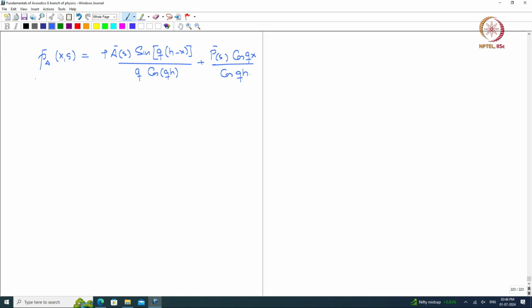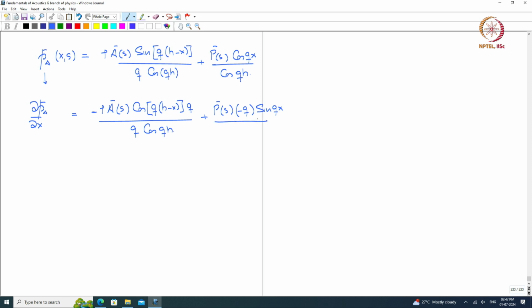Okay, and then if we use the Euler equation, we relate to del p by del x, which is equal to minus rho, hold on, yeah, a bar of s cos q(h minus x) times q by q cos qh plus p bar of s times minus q sin qx by cos qh.